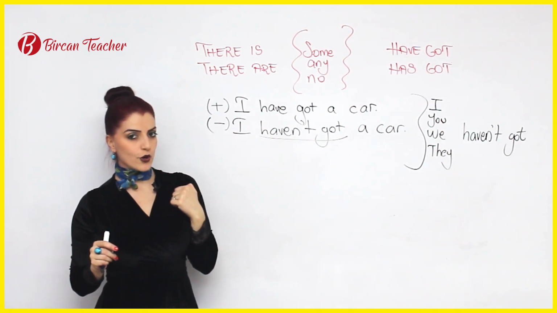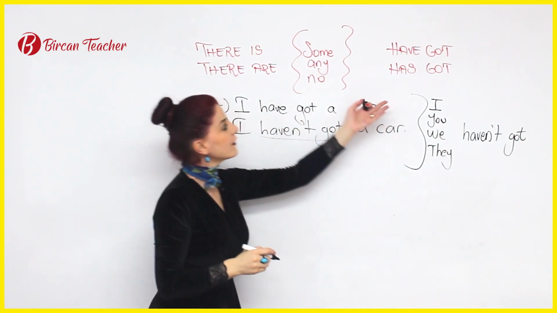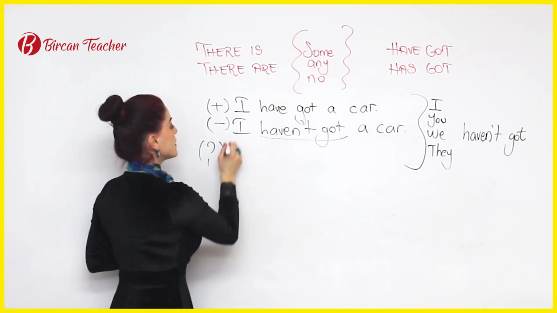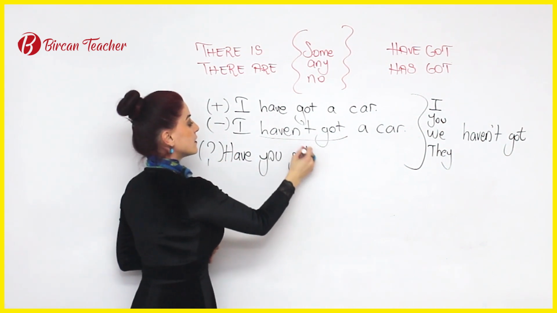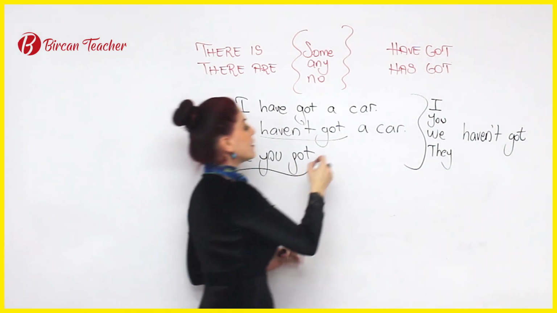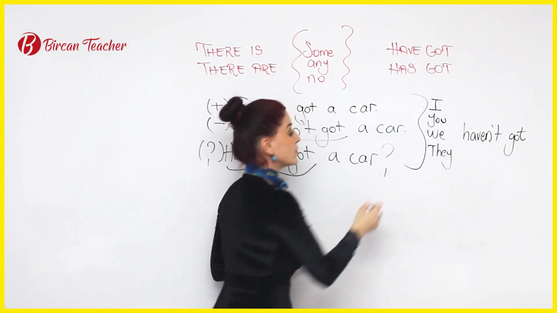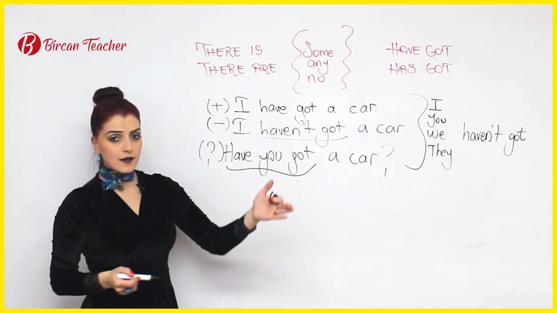For question forms, you are putting have at the beginning of the sentence. Have you got, this is the question form. Have you got a car? So you are asking me, have you got a car?